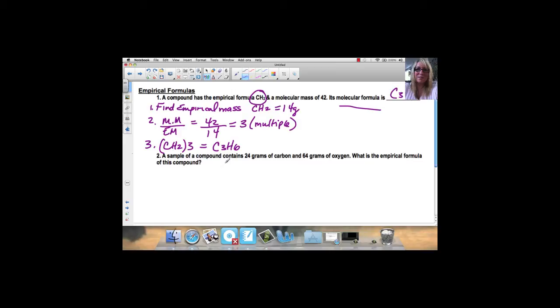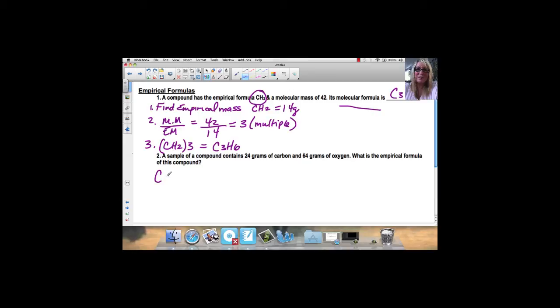I don't think you're going to see a problem like number 2. They want to know, a sample of a compound contains 24 grams of carbon and 64 grams of oxygen. What is the empirical? Well, first of all, you have to figure out what the molecular formula is. And the only way you can do that is to find moles.